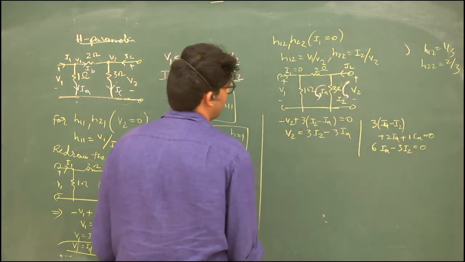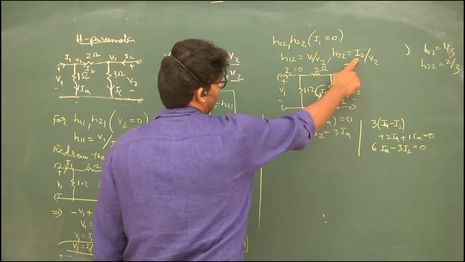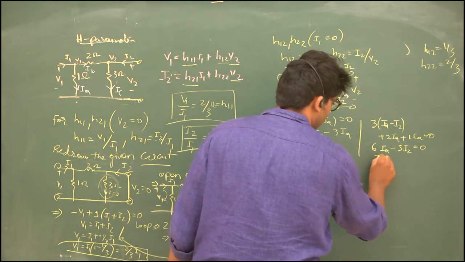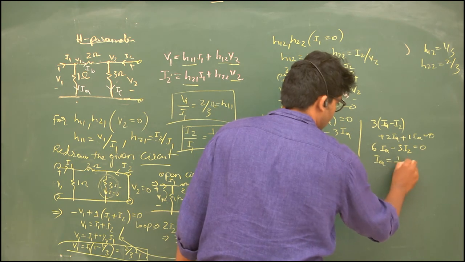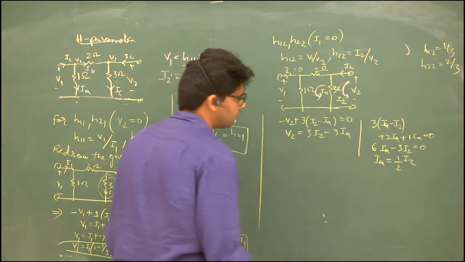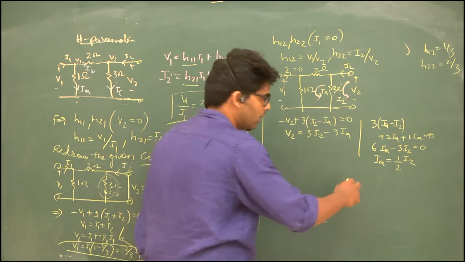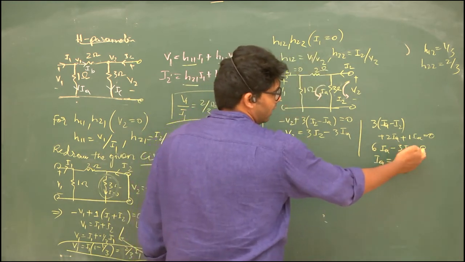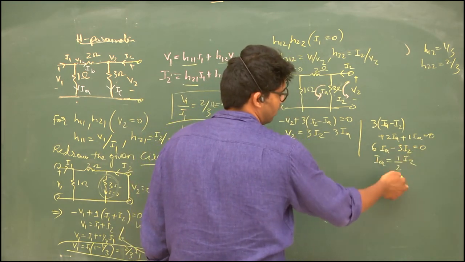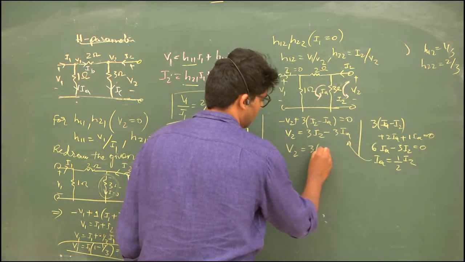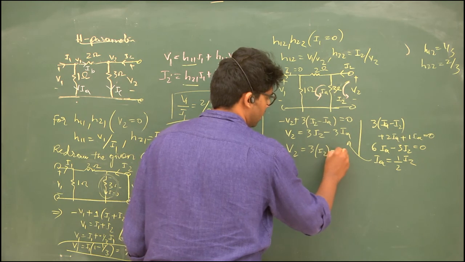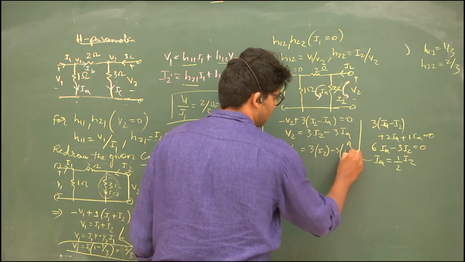So, IA equal to 3 by 6 I2, that is 1 by 2 I2. Substitute that here: V2 equal to 3 I2 minus 3 into 1 by 2 I2.